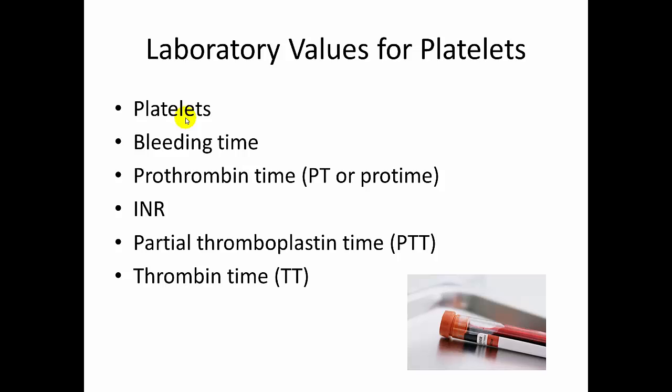So we should have, depending on the resource that you look at, 150,000 to 400,000 platelets is normal. Bleeding time is done by putting a blood pressure cuff on, and then they make a little cut and use some blotting paper, and they're counting the seconds till it stops.